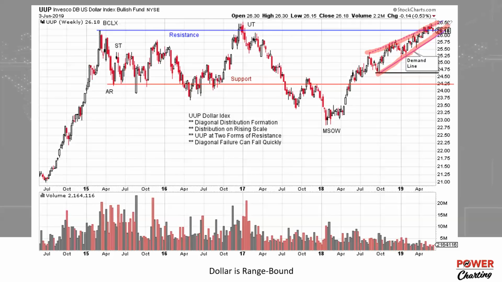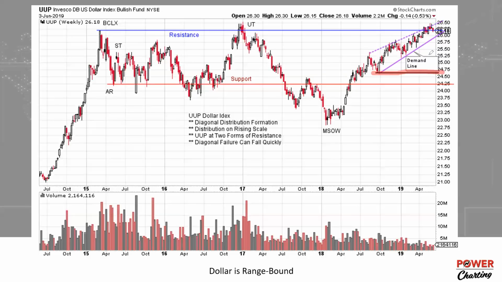And so one of the conditions of a diagonal triangle like this, a diagonal fifth wave you might call it, is that if it fails, it can fail quite dramatically, where you can have a decline out of the rising trend channel, which is converging, and have it fall very quickly down to an important support line, which would be this one right here, I do believe.